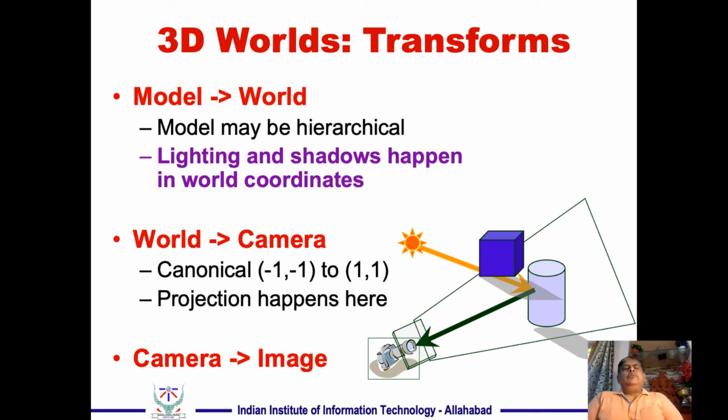So coming to the 3D model world transforms, we have seen that we have generated the objects in the model frame of reference, and then we have moved it into the world frame of reference. The model may be hierarchical. You may have multiple objects connecting to a single model. The lighting and shadow happen in the world coordinate.